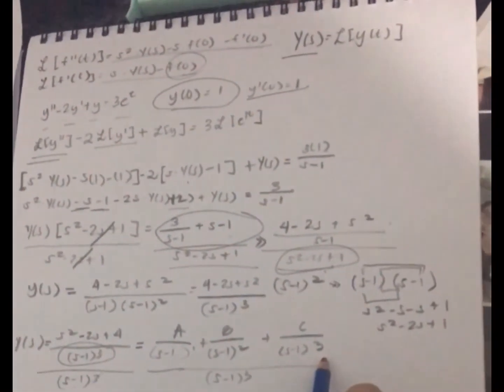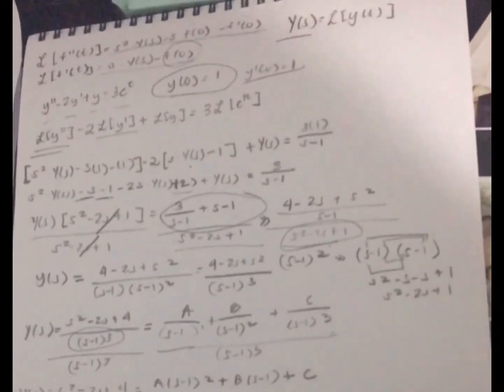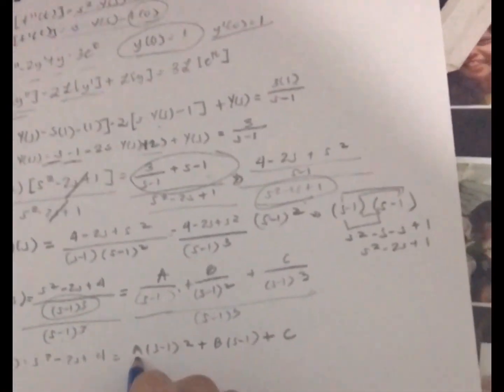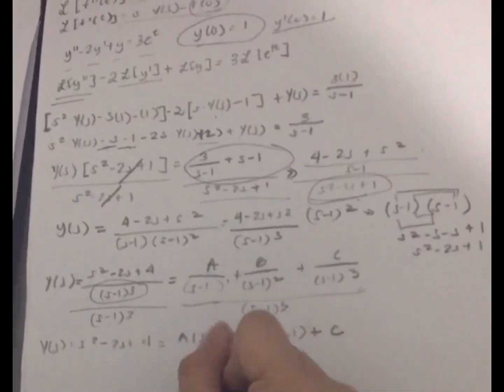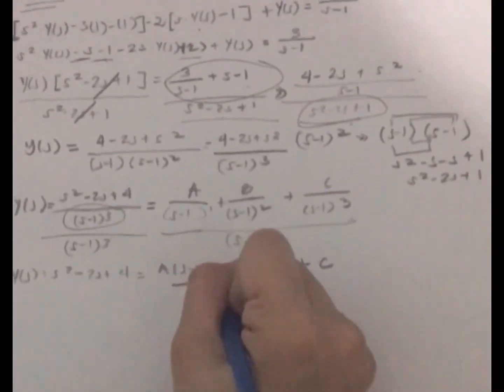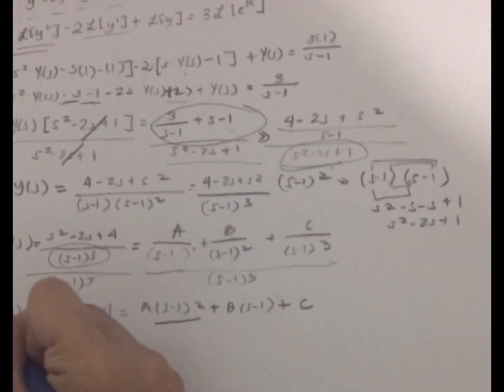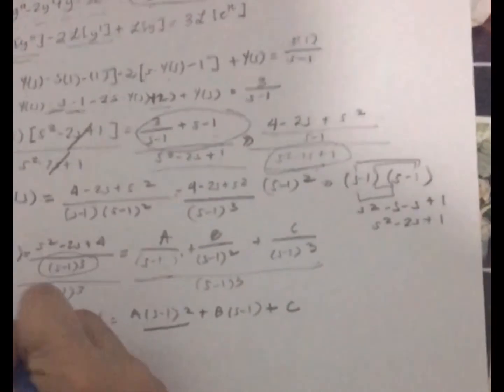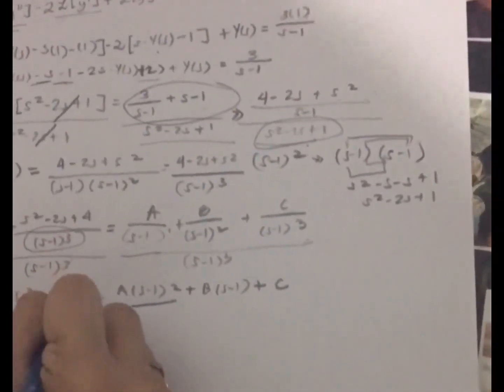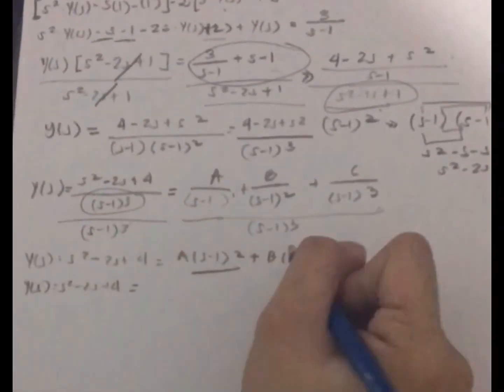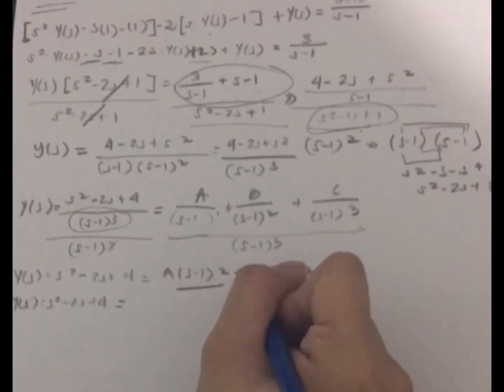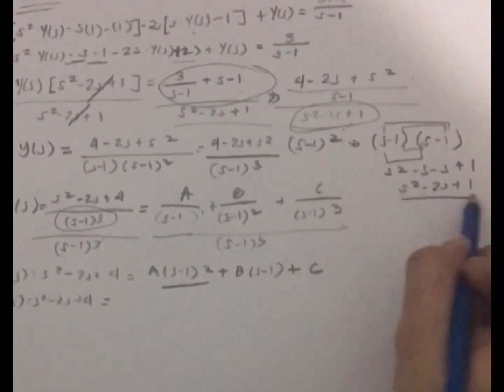Now let's square this term. We will arrive with, let me just write this one, s squared minus 2s plus 4. (s minus 1) squared is equal here.